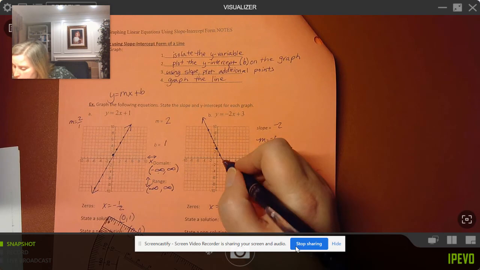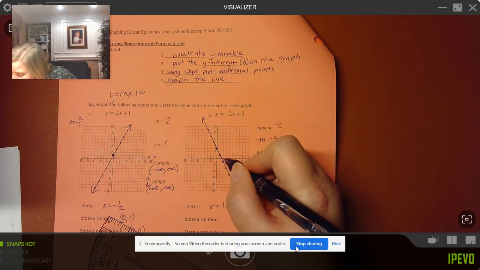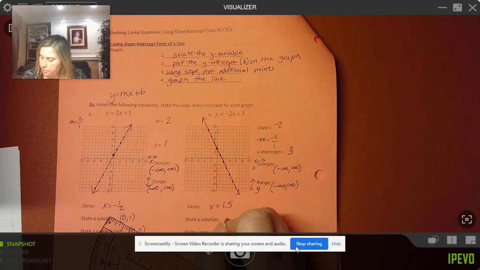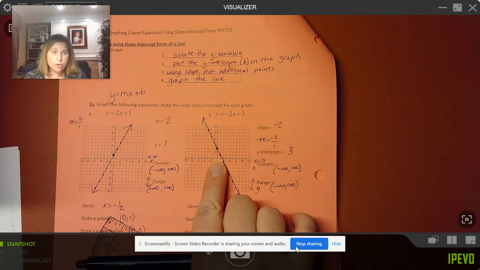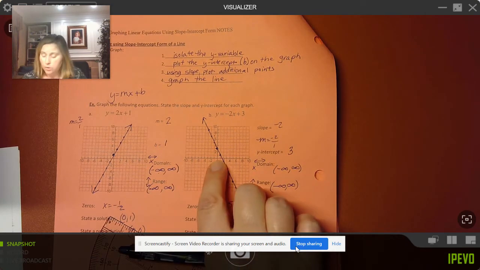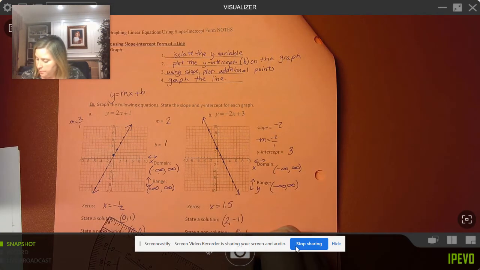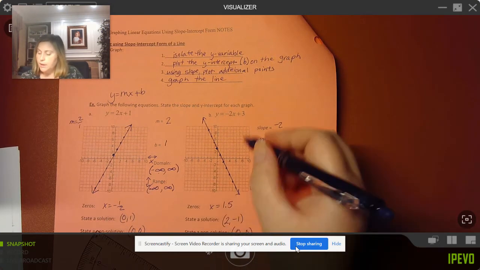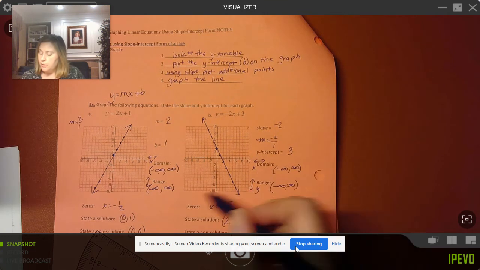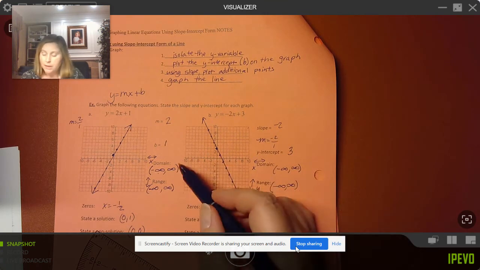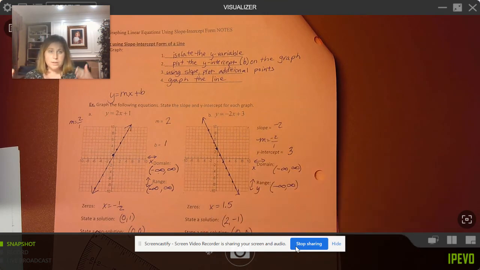I'll choose another point. I'll choose (2, -1). And then a non-solution, I'm just going to pick the origin again, because that's obviously not a solution. I could choose (10, 10), (-10, -10), (-10, 10), any of those points, as long as it's not on the line.